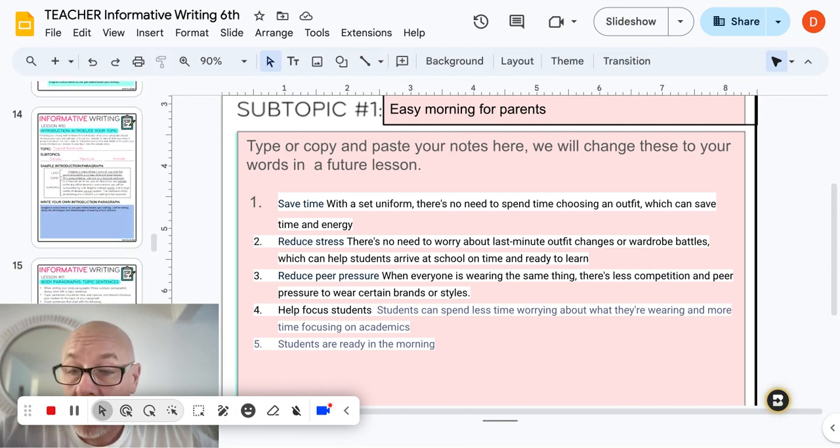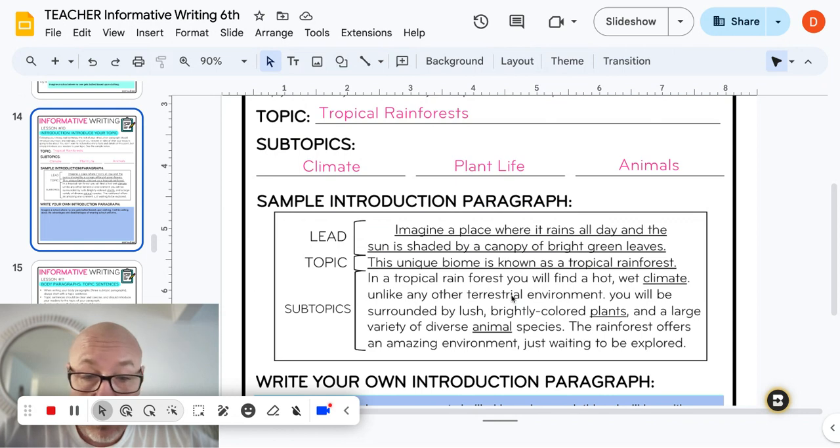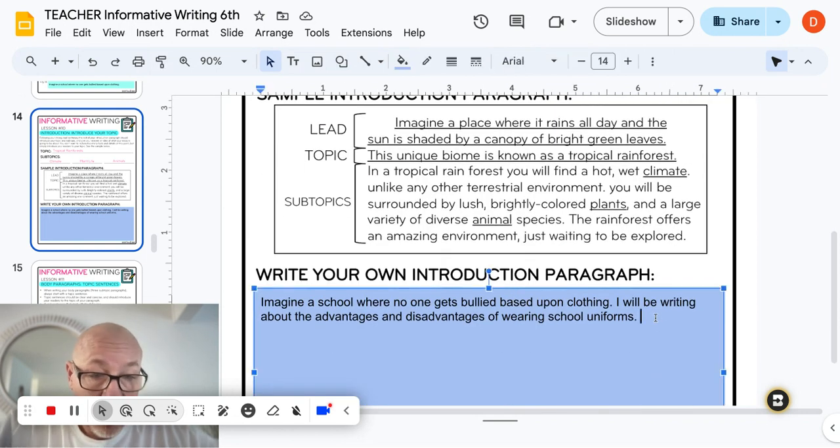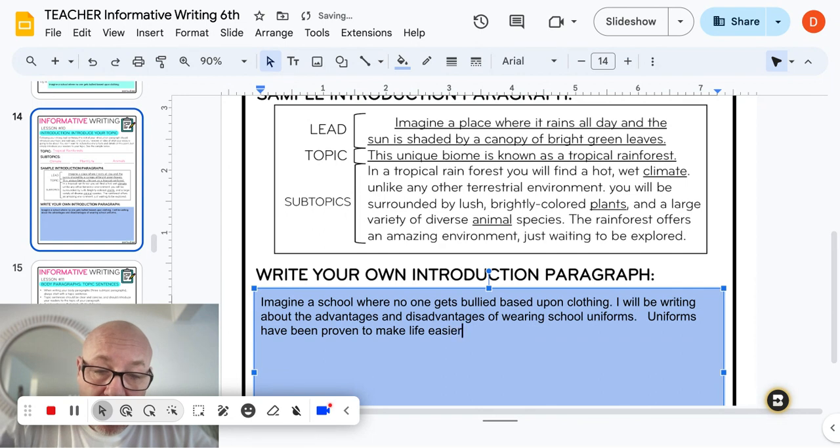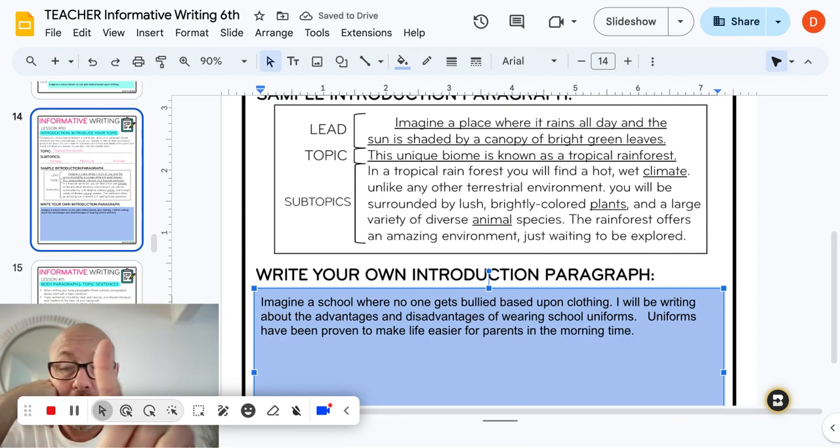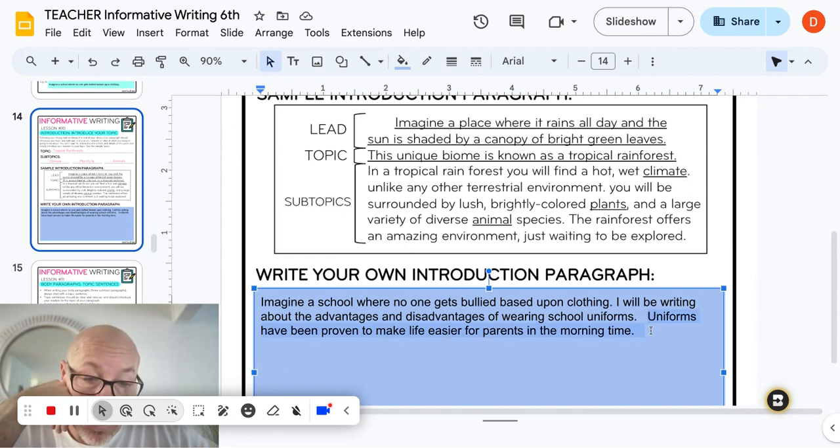So I'm going to come down here and I'm going to write: uniforms have been proven to make life easier for parents in the morning time. That is subtopic number 1. Now remember, this subtopic I'm going to write a whole paragraph about.